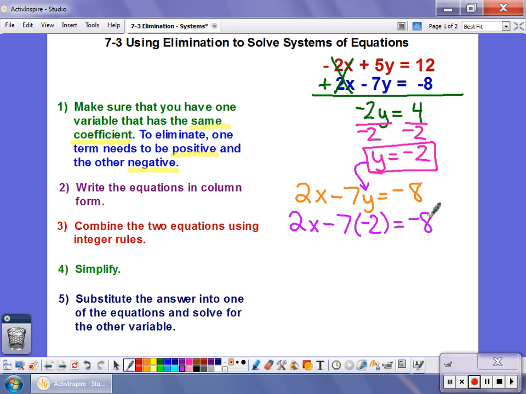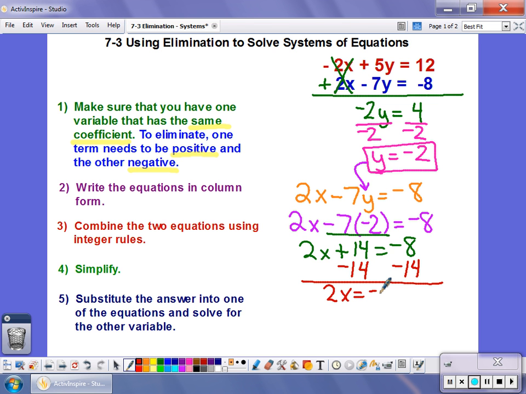When I multiply this out, negative 7 times negative 2 is going to give me positive 14 equals negative 8. And then now I need to move this 14 to the other side because I want to isolate my variable, get it all by itself. So I get 2x equals negative 22.